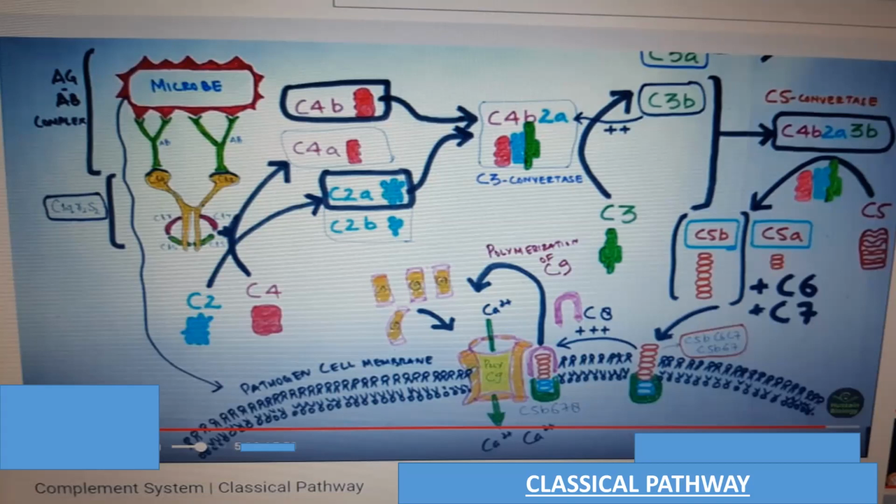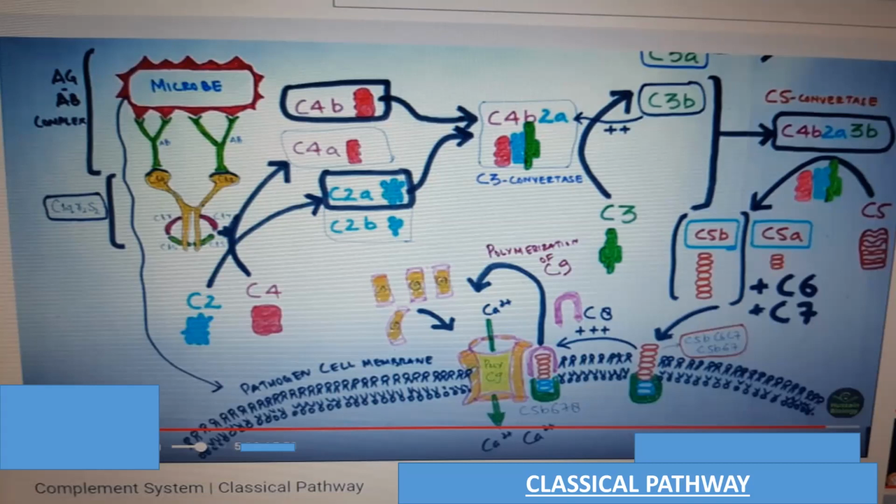C4a, the anaphylatoxin, will go away and will not take part here. So we are left with C4b and C2a here.